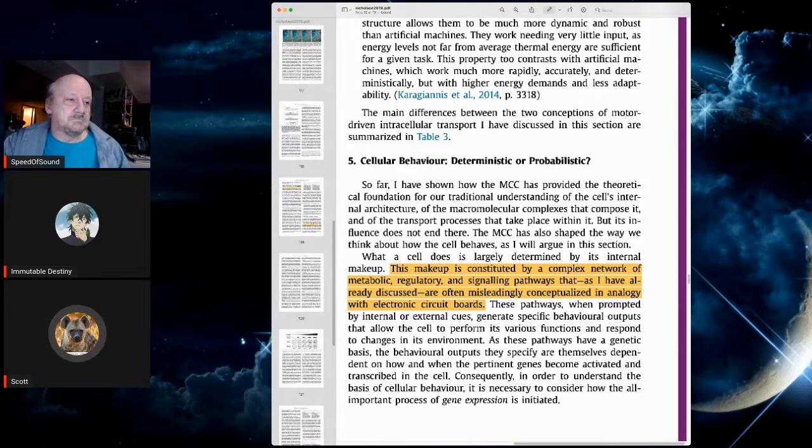As these pathways have a genetic basis, the behavioral outputs they specify are themselves dependent on how and when the pertinent genes become activated and transcribed in the cell. Consequently, in order to understand the basis of cellular behavior, it is necessary to consider how the all-important process of gene expression is initiated.